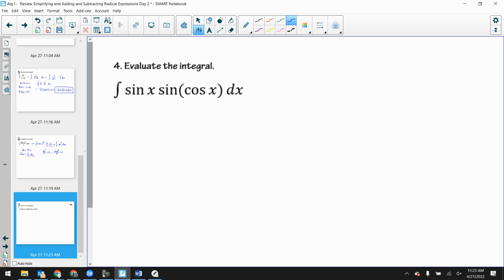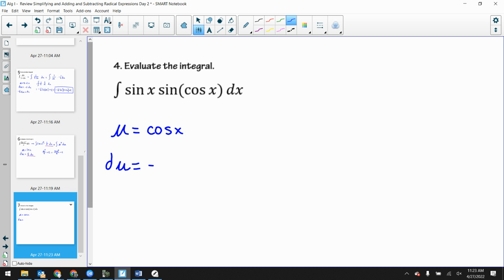All right. So I've got the integral of sine x times cosine x dx. All right, so u in this case is cosine x. And this is where I think the error came, because I said du is just sine x dx, and that's not true, is it? What is the derivative of cosine?